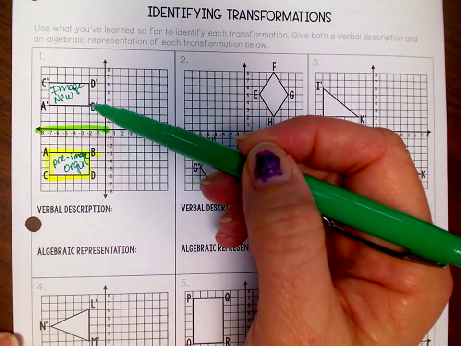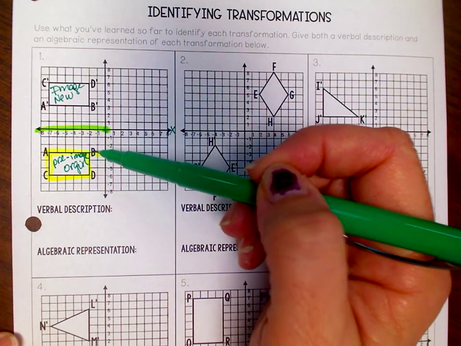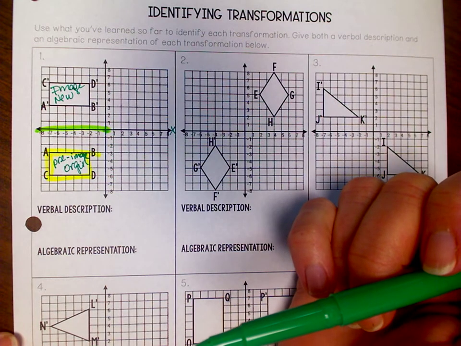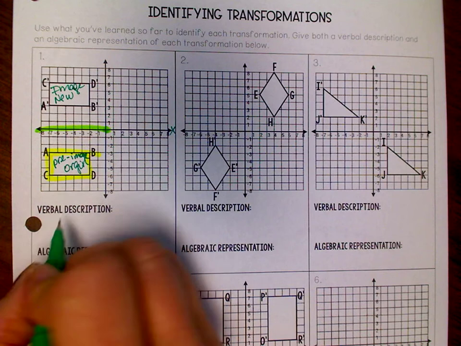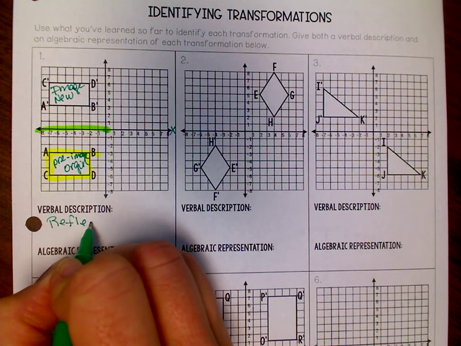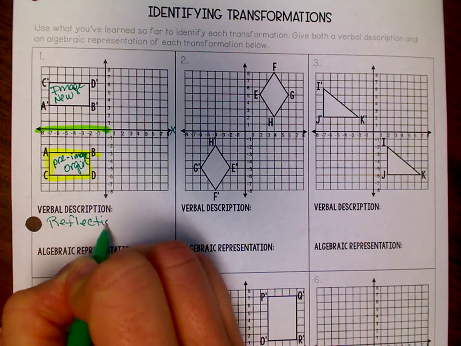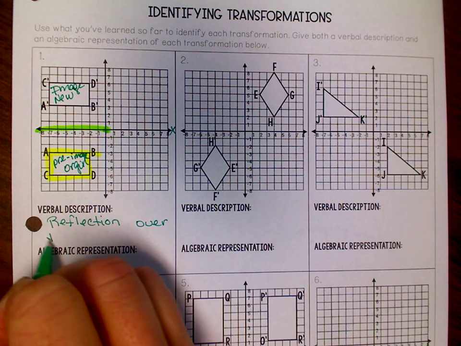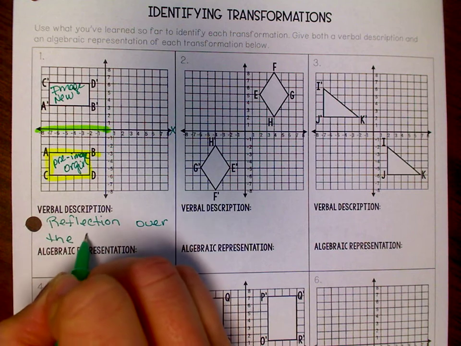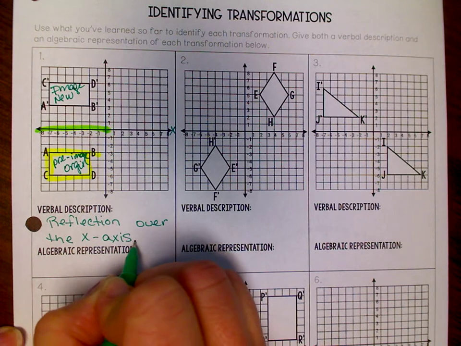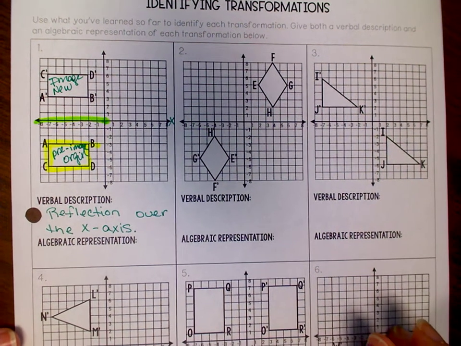Your B is where B is, but it's just reflected over the x-axis. So we're going to write reflection over the x-axis. It is a reflection.